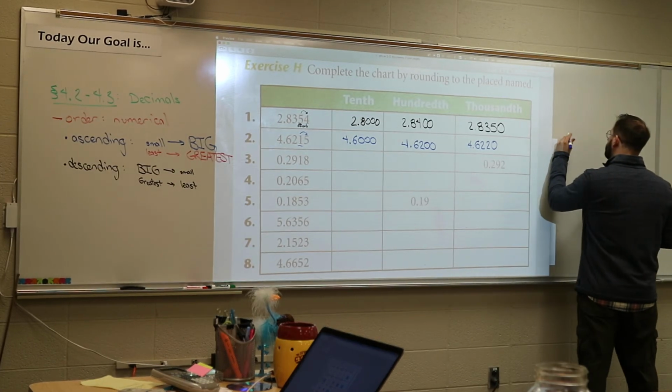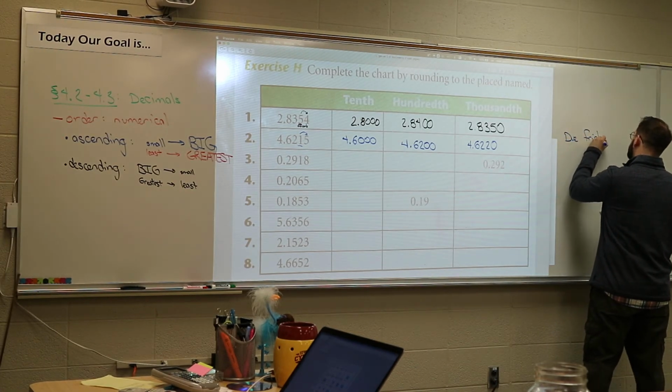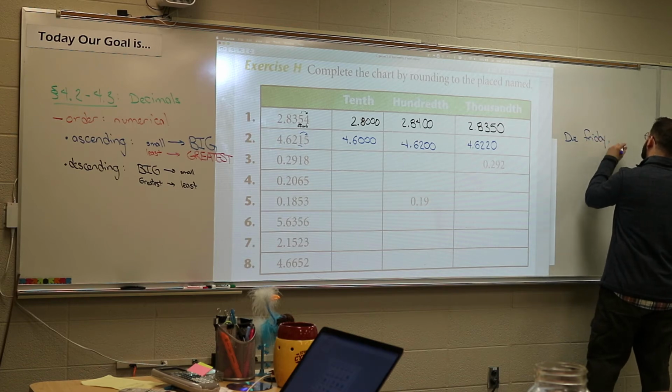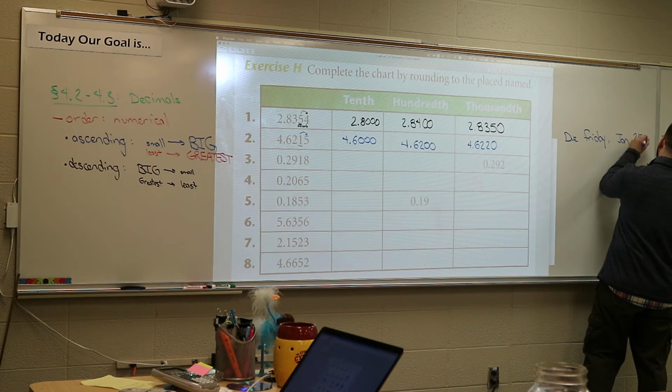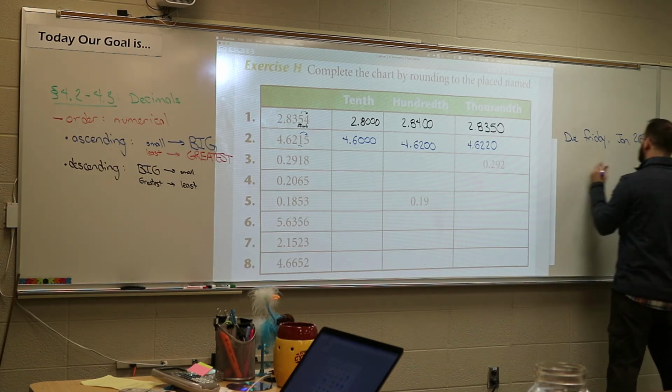Okay? All right, so here's homework. Homework is due Friday. This one that I'm going to write. I would definitely say you probably want to save this one until tomorrow. January 26th is Friday. All right, here it is.